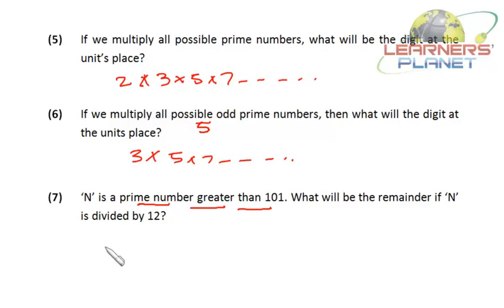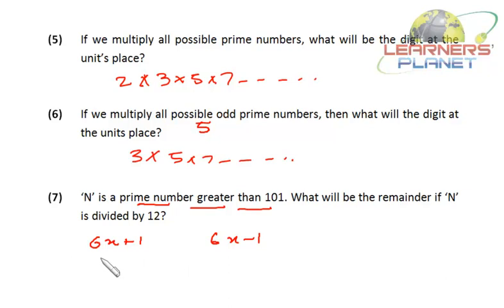Friends, we have already discussed in our theory session that each and every prime number is either 6x plus 1 or 6x minus 1 format. The exception to this statement is 2 and 3. All the remaining prime numbers are either 6x plus 1 or 6x minus 1 format. Since we don't know a particular number, we have to take a general number.